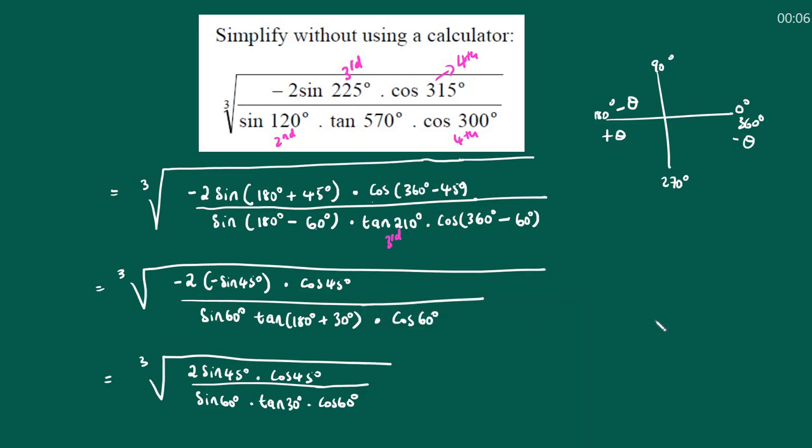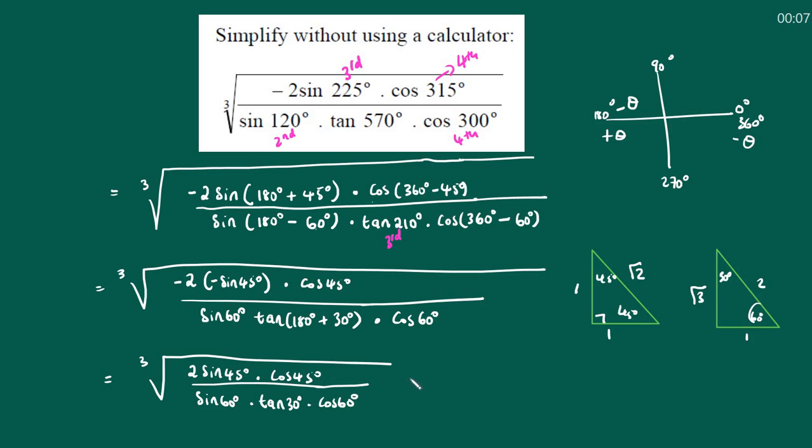Your 1, 1, √2 triangle and your 1, 2, √3 triangle. So your 1, 1, √2 would be this one for 45, and then your 1, 2, √3 triangle, remember the root again, that would be for 30 degrees and 60 degrees.